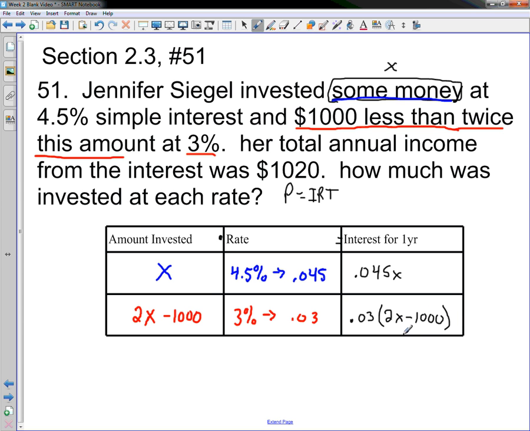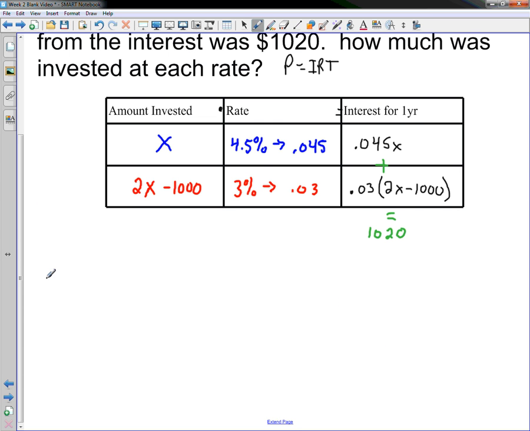Okay. Now let's see what other information we have. Her total annual income from the interest was $1,020. So that's telling us that when we add these two, it's equal to the $1,020. That tells me how to set up my equation.